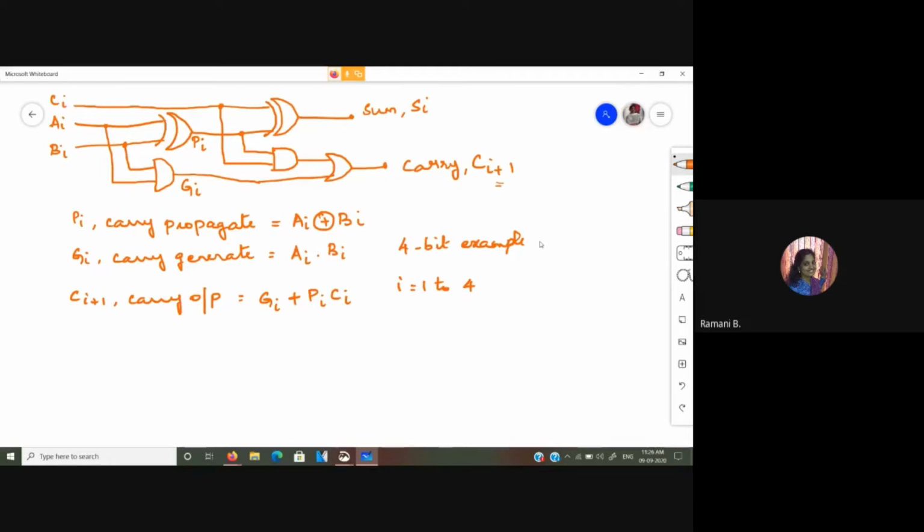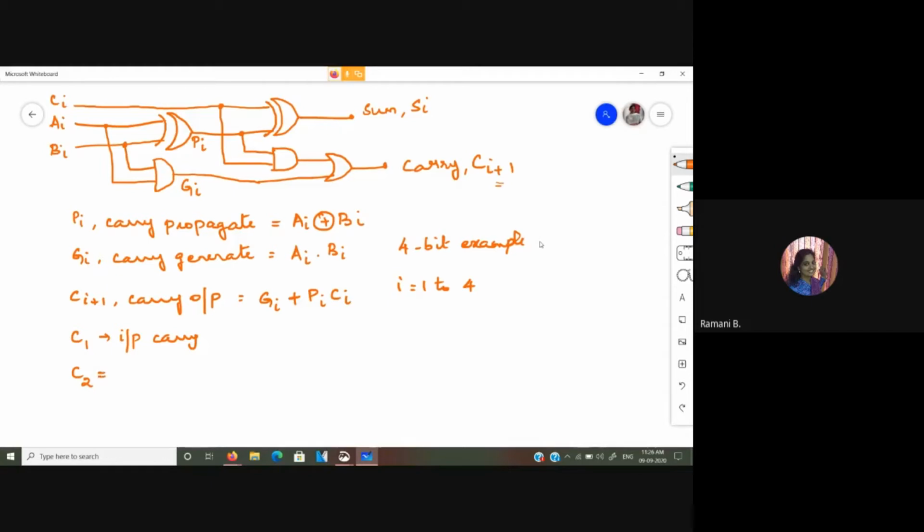So considering the first case, C1. C1 is actually our input carry, so this is also directly available. So let us go to C2.